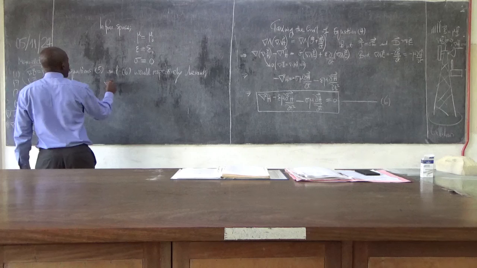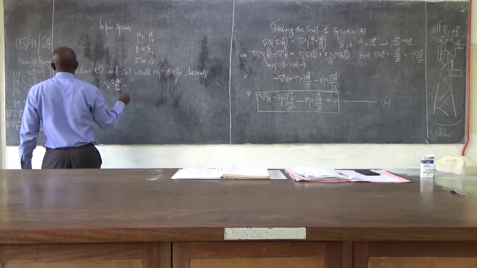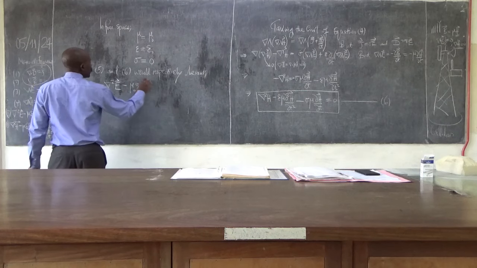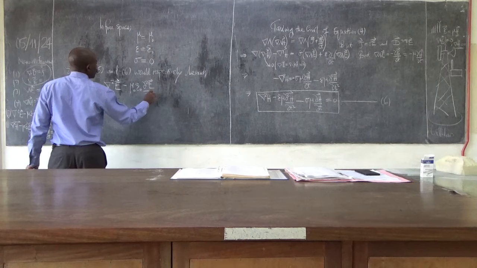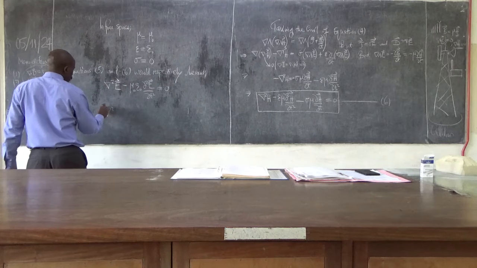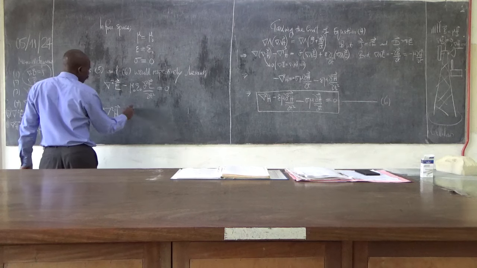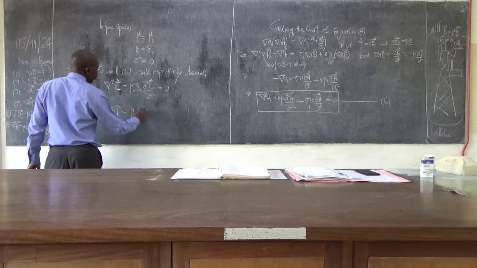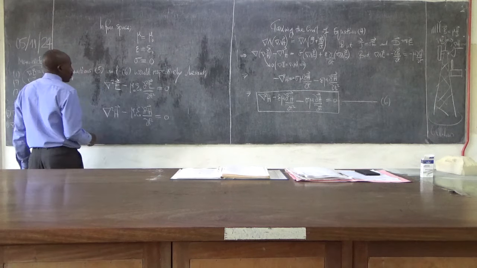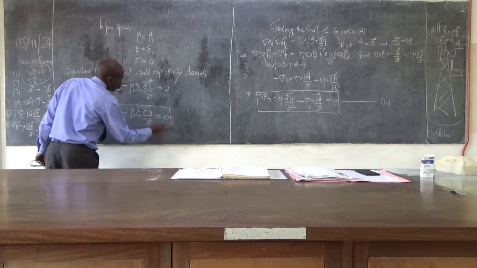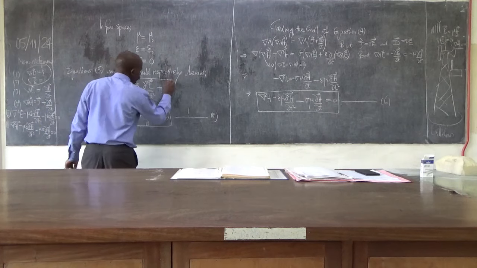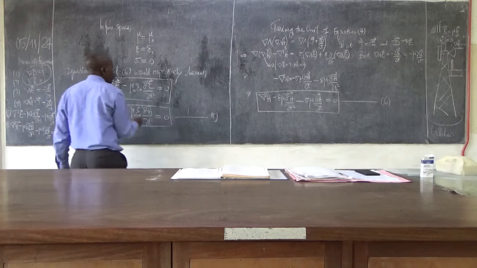grad squared E minus mu naught epsilon naught ∂²E/∂t² equals to, and then grad squared H minus mu naught epsilon naught ∂²H/∂t² equals to, and this will become equation 8, and this one will become equation, say, 7.